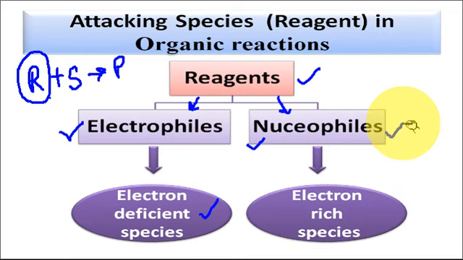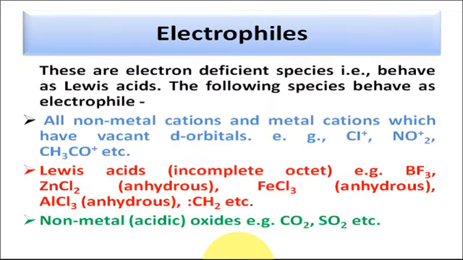Nucleophiles are electron rich species and behave as Lewis bases. Since they are electron rich, they have the tendency to donate electrons to the substrate molecule. So let us have a detailed look at the electrophiles and the nucleophiles.